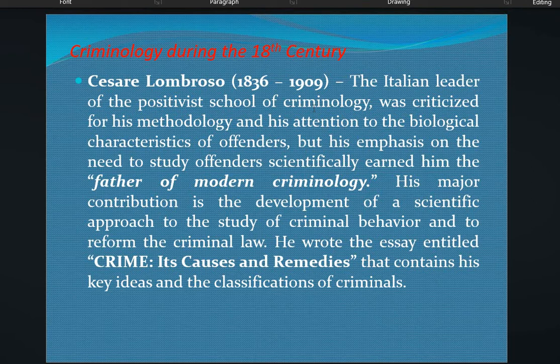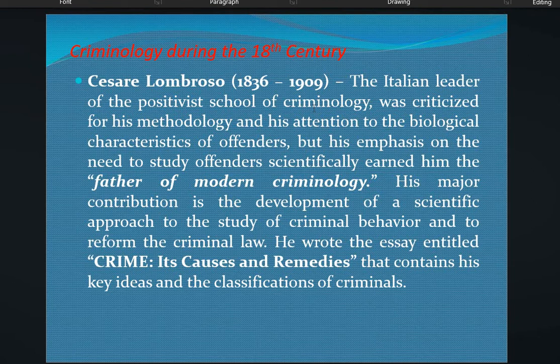He was criticized for his methodology and his attention on the biological characteristics of offenders. But his emphasis on the need to study offenders scientifically earned him the title of father of modern criminology. So when we ask, who is the father of modern criminology? The answer is Cesare Lombroso, not Cesare Beccaria.